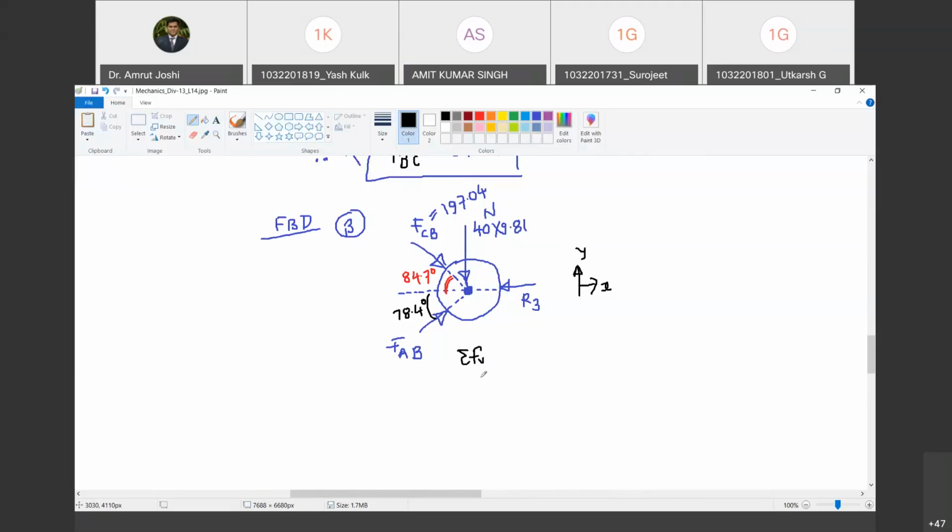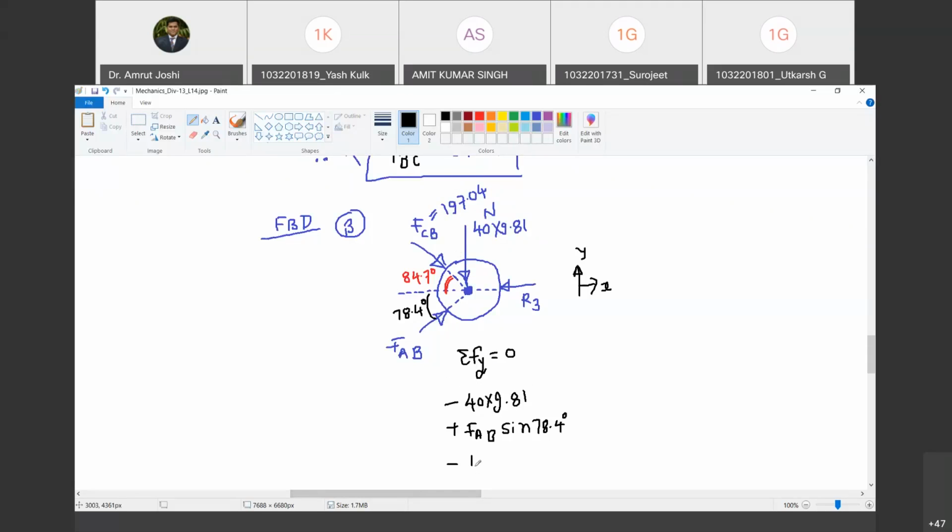So therefore, the intelligent choice will be to apply summation Fy equal to 0 first. So how do I apply summation Fy equal to 0? Minus 40 into 9.81, plus FAB sine 78.4 is equal to 0. Plus FAB sine of 78.4. Now wait. Don't forget about this FCB.